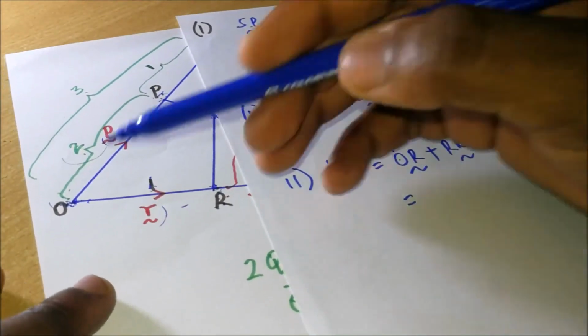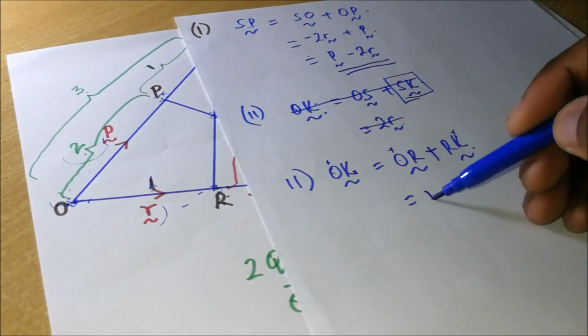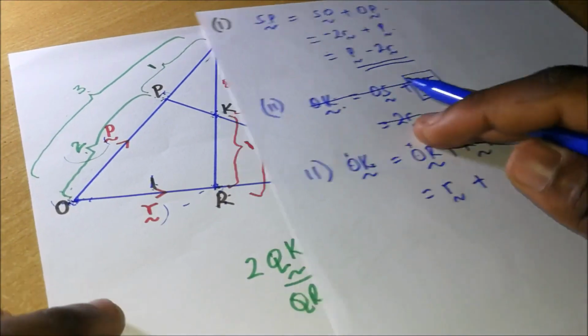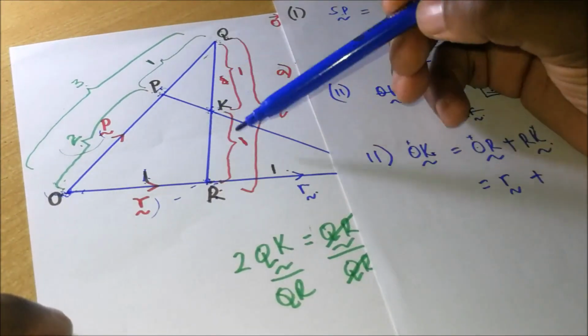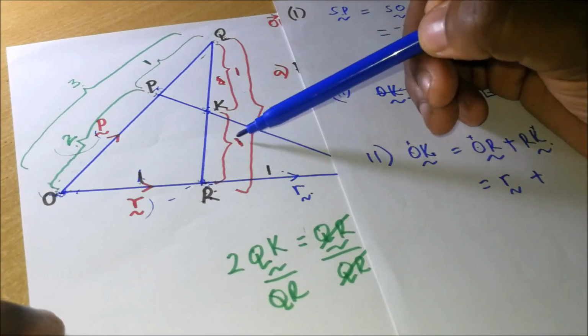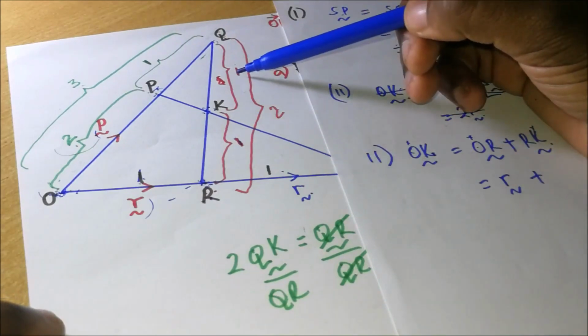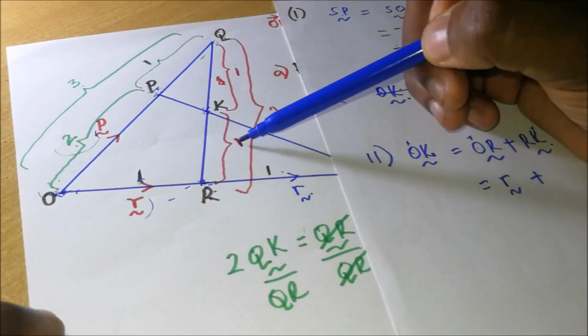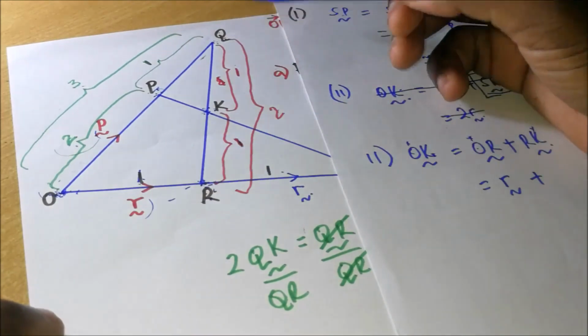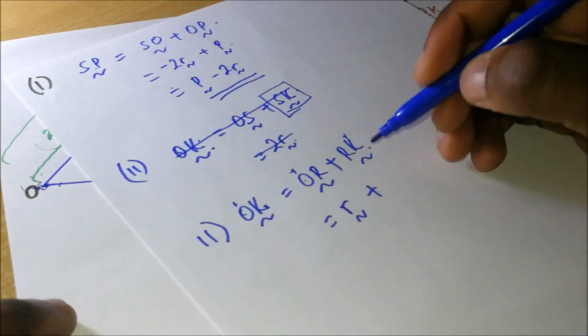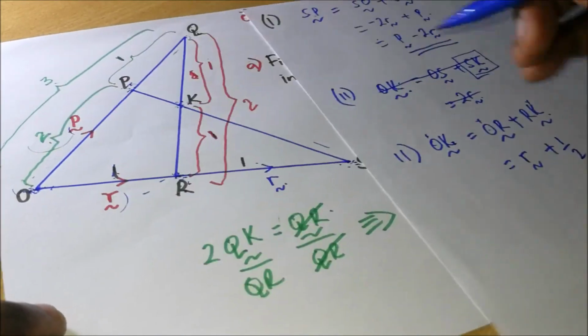So what is OR? According to here, OR is vector R, plus what is RK. For me to move from R to K, it is labeled here. It is in the ratio of 1 to 1. So it means that it is 1 over 2 of RQ. It's going to be a half, because that's the portion here.